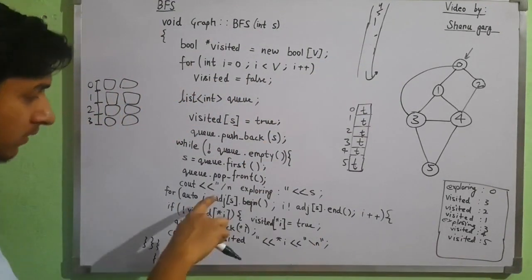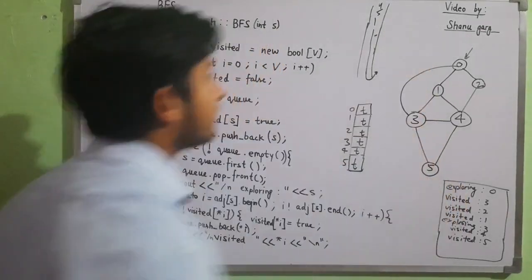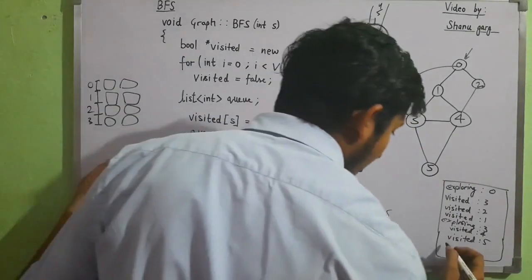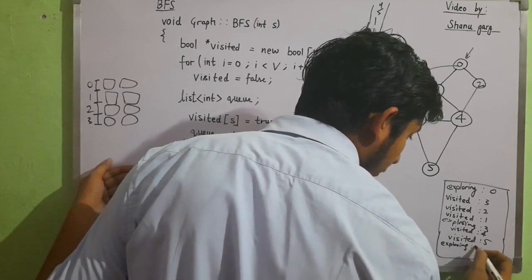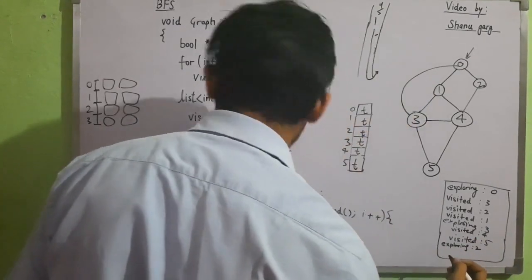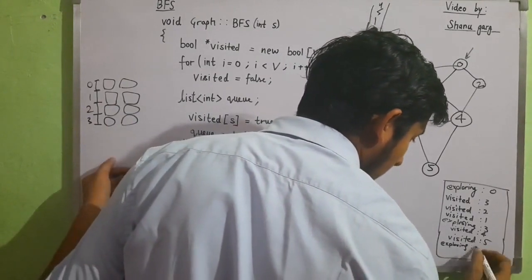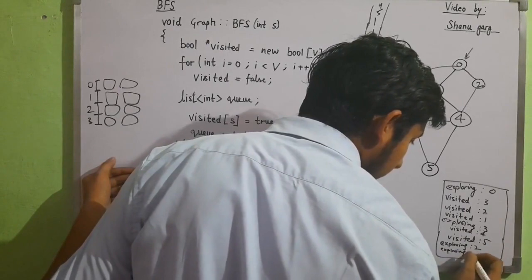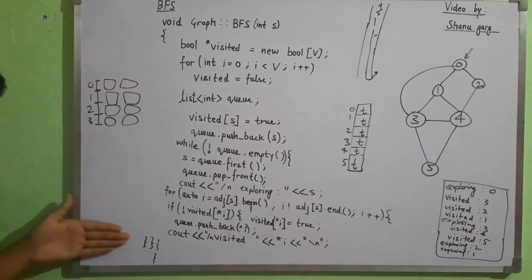After that, we come again, and S points to 1. So exploring 2, we get nothing. Exploring 1, we will again get nothing.